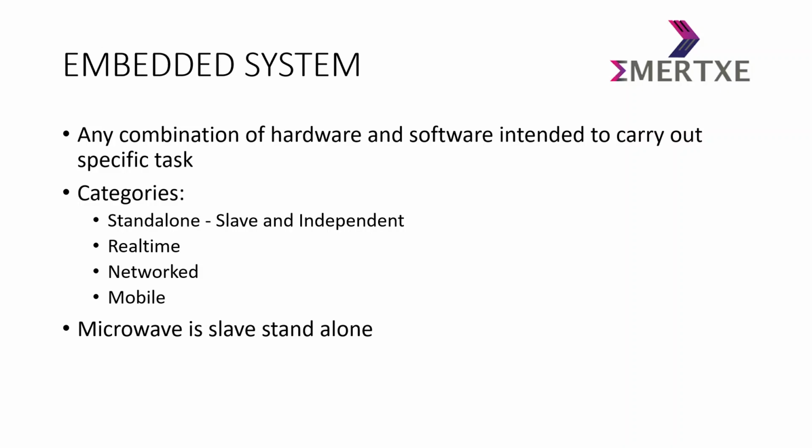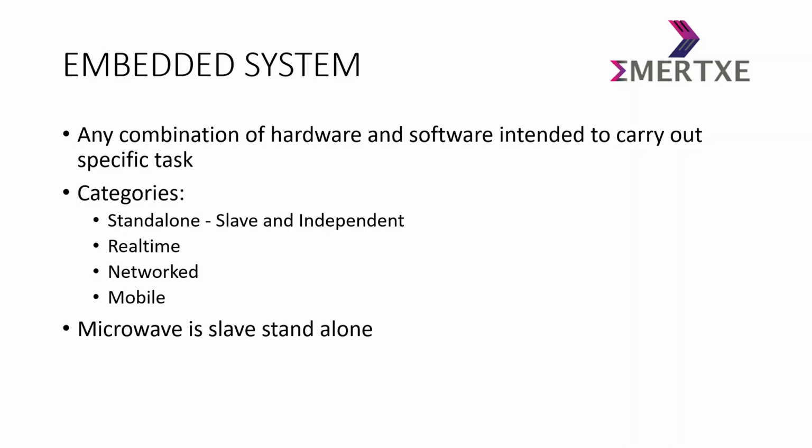So an embedded system is any combination of hardware and software that's intended to carry out specific tasks. For example, smart watches, dashboards in our cars, and a microwave, which is what we're going to use in this project.